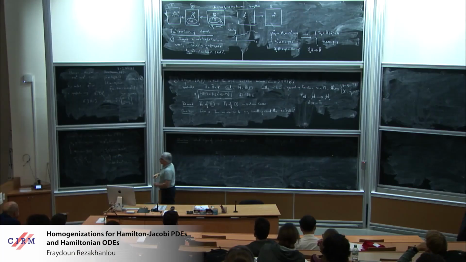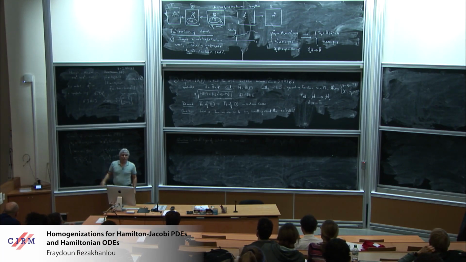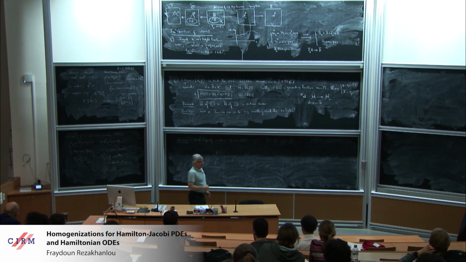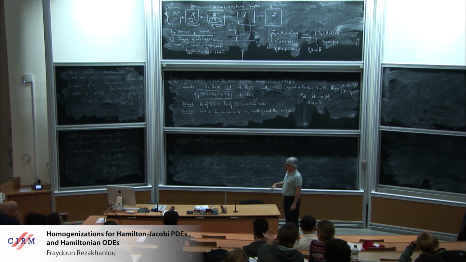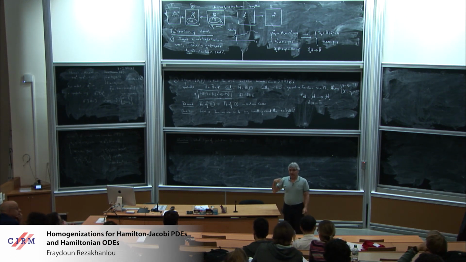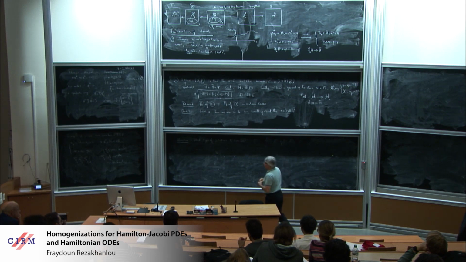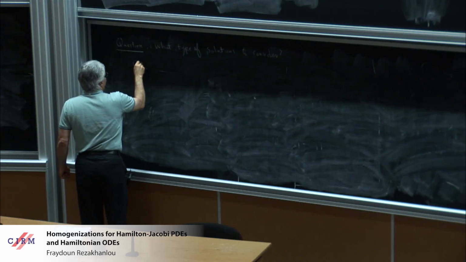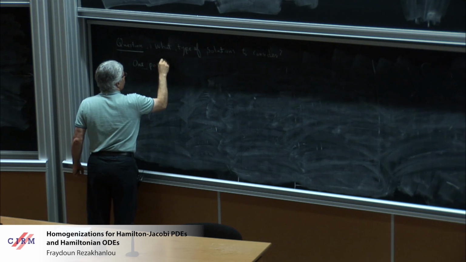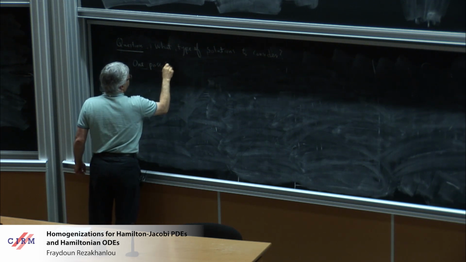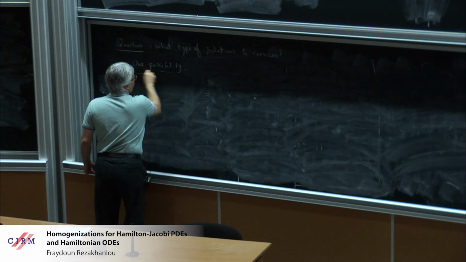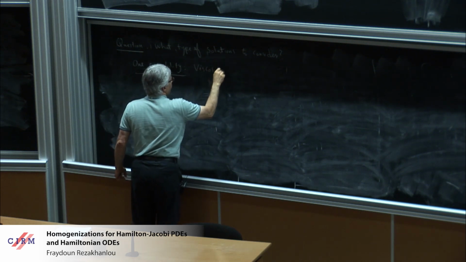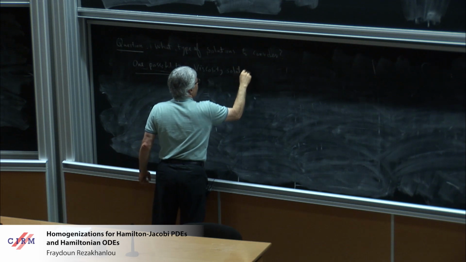Now, when we go back to the first setting, when this is a height function and you have a growth, a natural way to come up with a correct notion of solution is to add a viscosity. When you add a viscosity to this equation and send the viscosity to 0, you get the notion of viscosity solution. So one possibility is viscosity solution. Okay, so let's take this for granted.